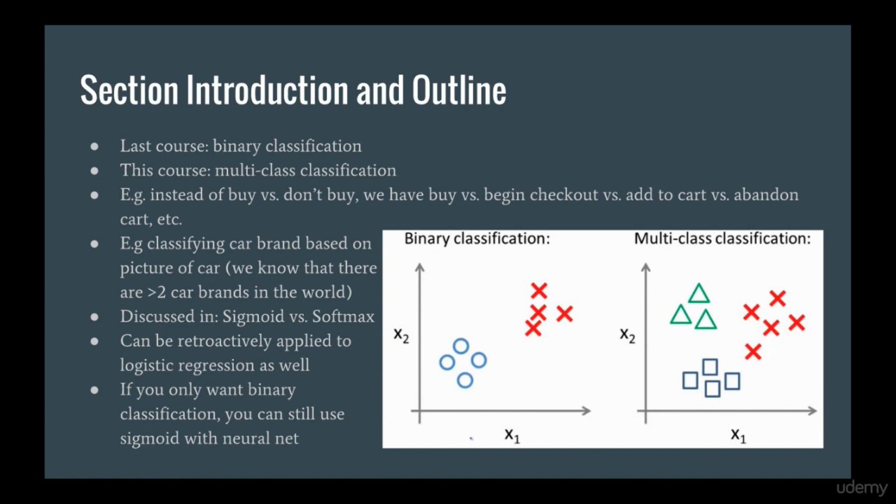There are more than 2 brands of cars in the world, so you need a classifier that can classify more than 2 things. We'll discuss how to classify more than 2 things in the lecture sigmoid versus softmax. Note that you can apply the softmax retroactively to logistic regression as well. Conversely, if you only want to do binary classification in a neural network, then you can just use the sigmoid.